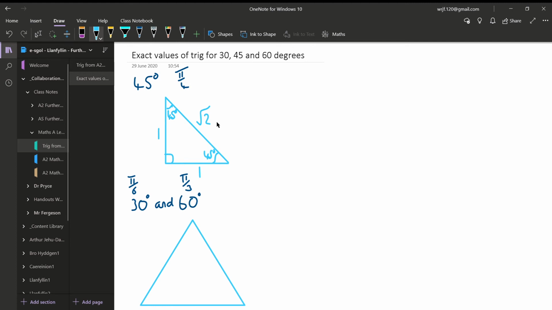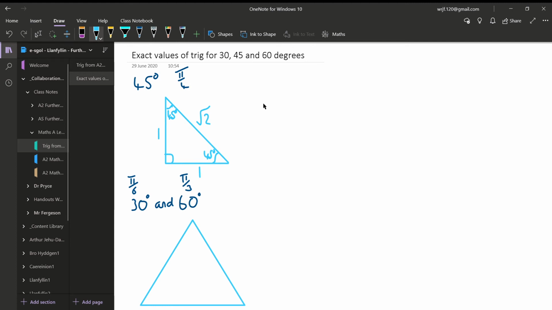So if we have a look at the three ratios for that top triangle, obviously sine of 45 degrees, I'm going to use the bottom right hand angle as my angle of focus for these things, but it wouldn't matter obviously because they're both the same.